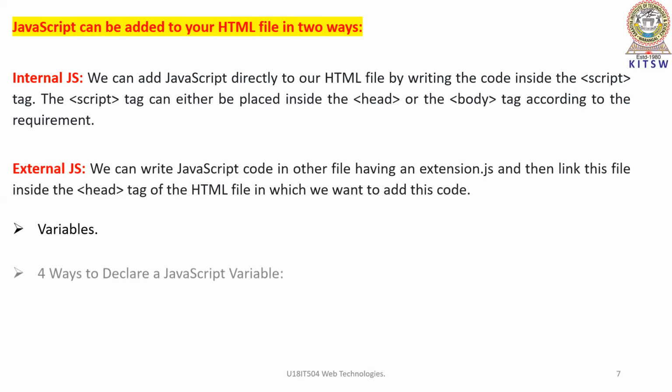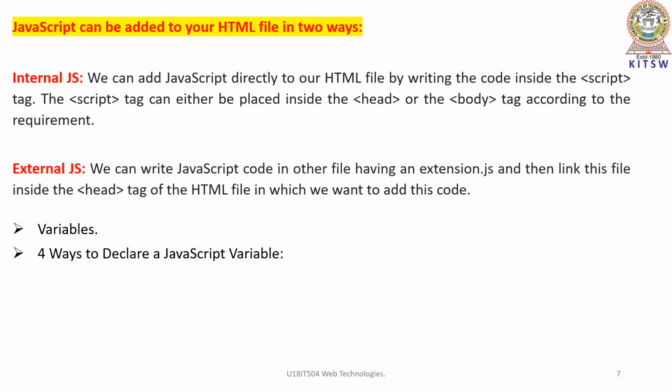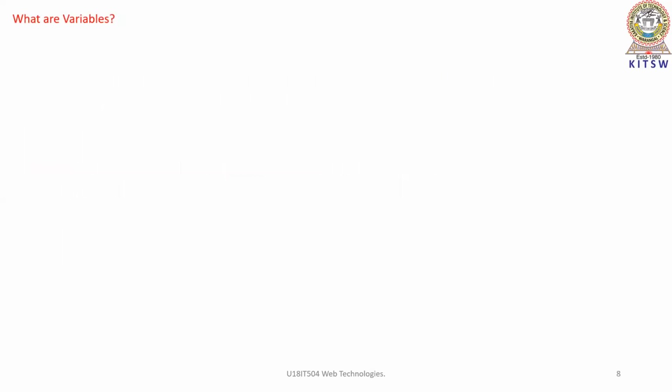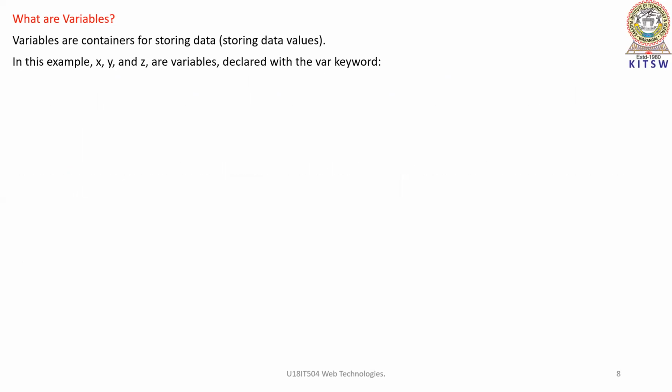There are four ways to declare a JavaScript variable: using var, using let, using const, using nothing. What is a variable? Variables are containers for storing certain data. Just an example.